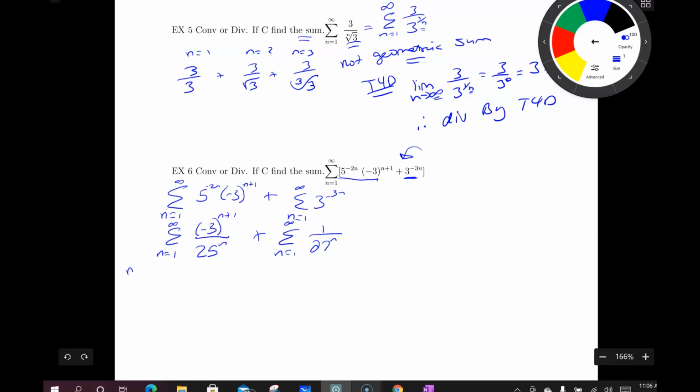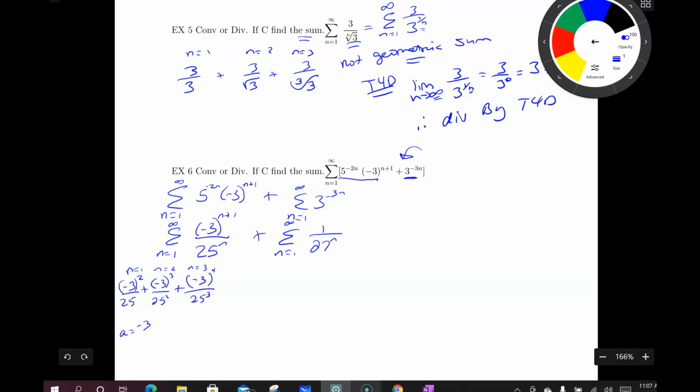All right, so go plugging in n equal 1, 2, and 3. You're getting the idea now. When I plug in 1, I get negative 3 squared over 25. Then the next term will be negative 3 cubed over 25 squared. Negative 3 to the 4th over 25 cubed.